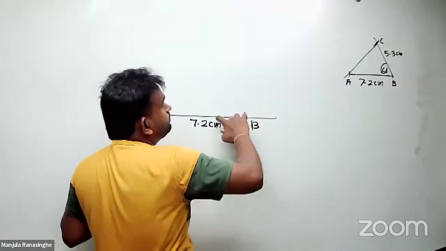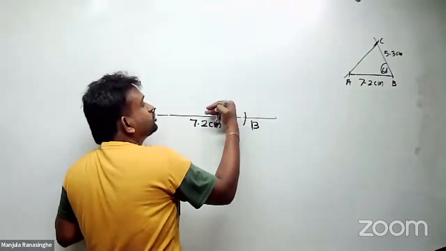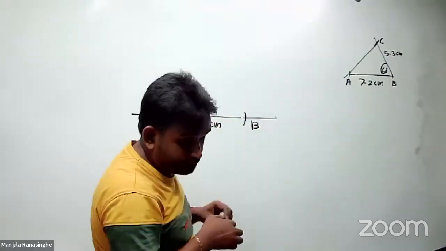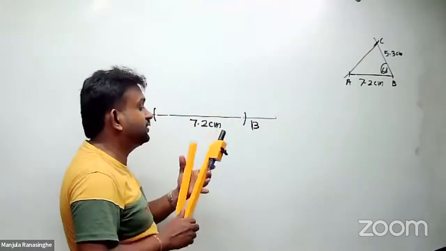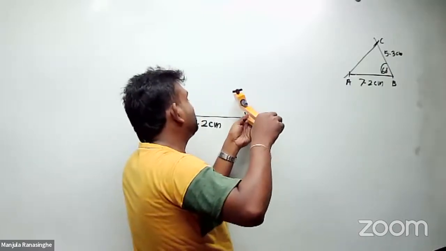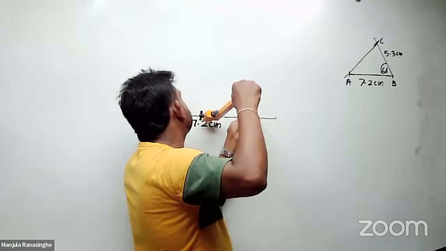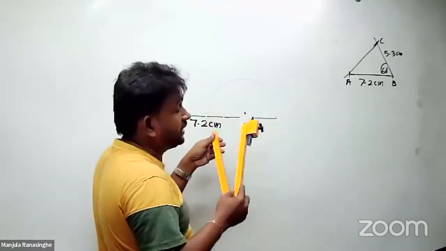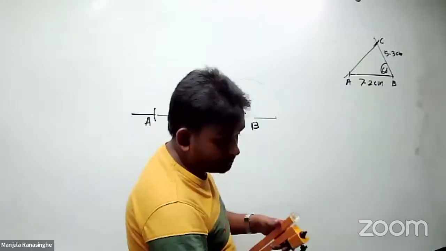Then at B, you make 60 degrees in this direction, the clockwise direction. So you create 60 degrees in that direction. See there how to do it. You keep the compass here and make 60 degrees.